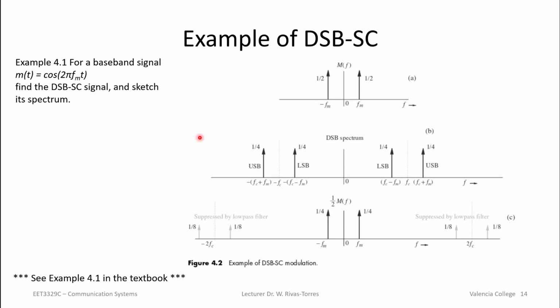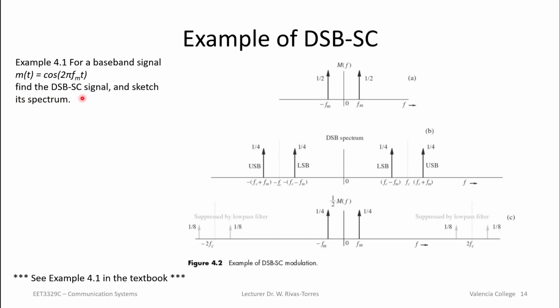Okay, so let's go to an example. Let's say we have a baseband signal, some kind of cosine waveform. We know that the cosine has this sort of Fourier transform, plus or minus fm, each with half of the amplitude. And we want to sketch double sideband suppressed carrier.